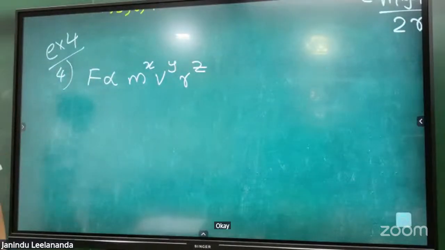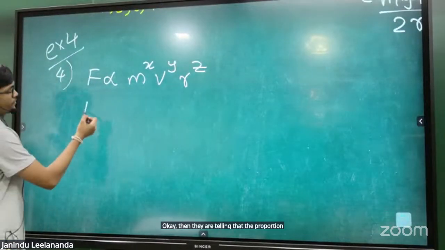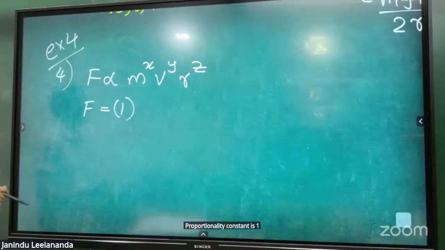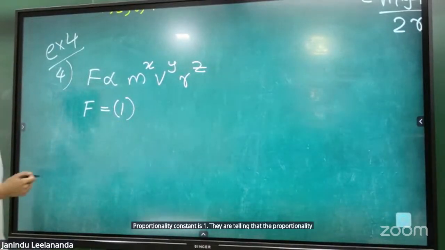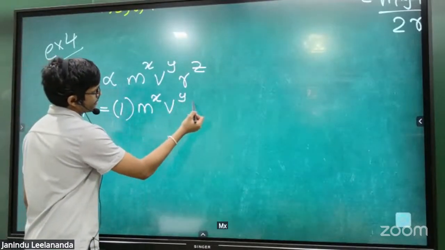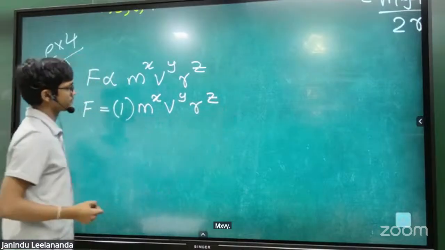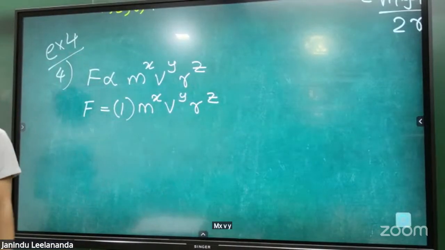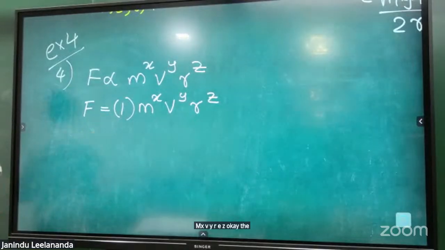They are telling that the proportionality constant is 1. So F equals M^x V^y R^z. Clear? The proportionality constant is 1.